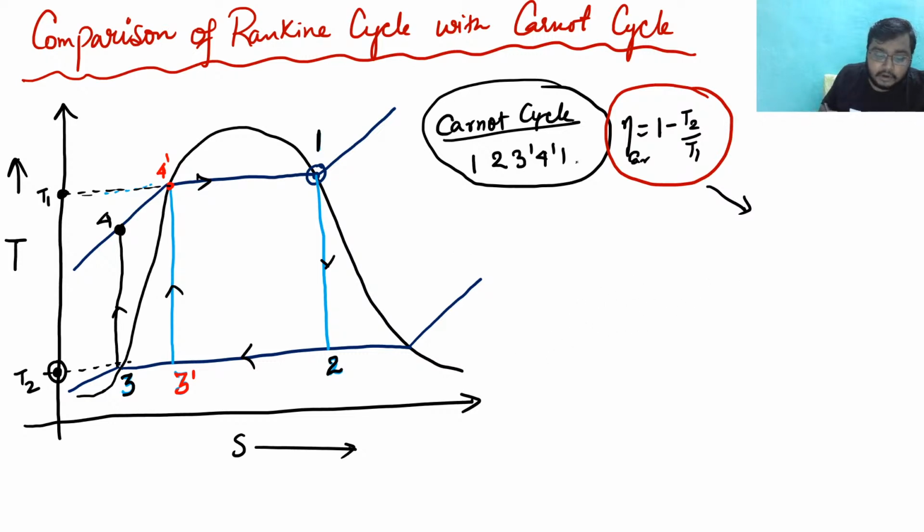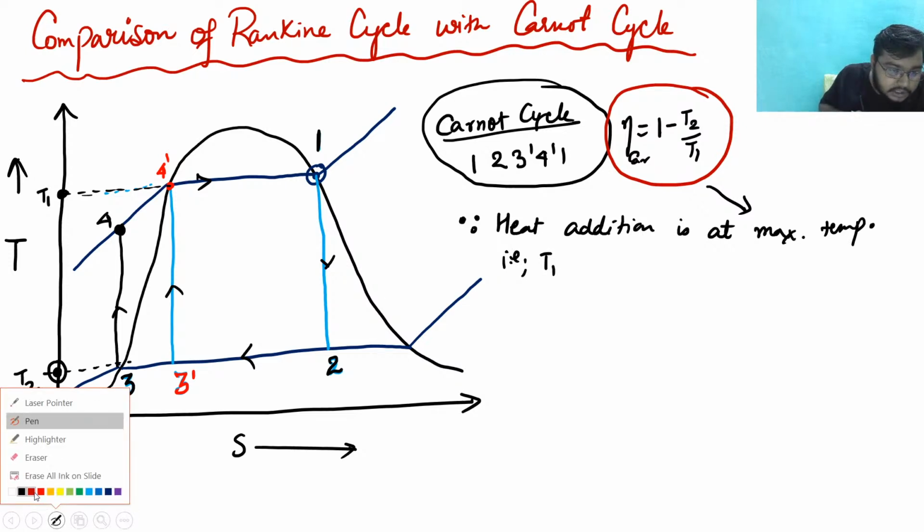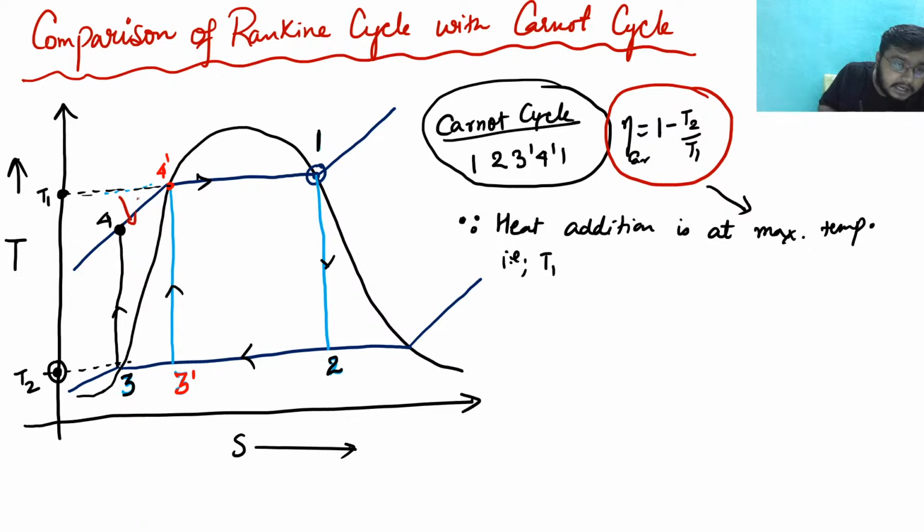For a Carnot cycle, since heat addition is at the maximum temperature, that is T1. Because throughout this the heat is added, and throughout this heat is rejected.